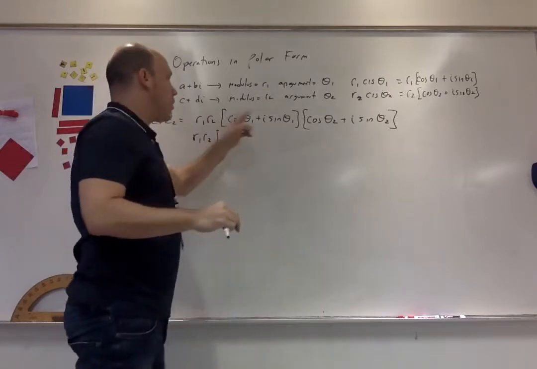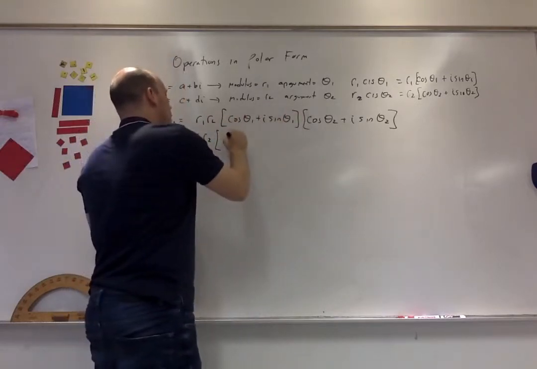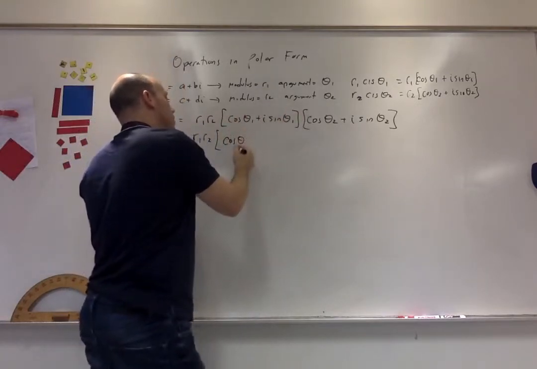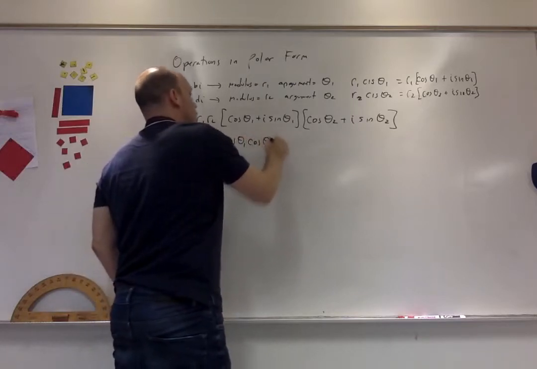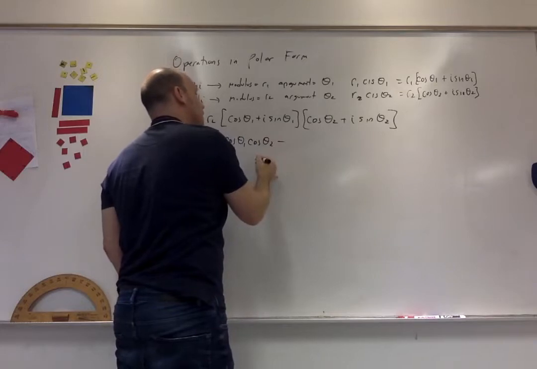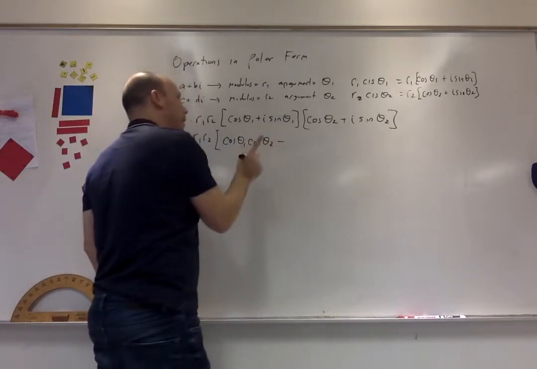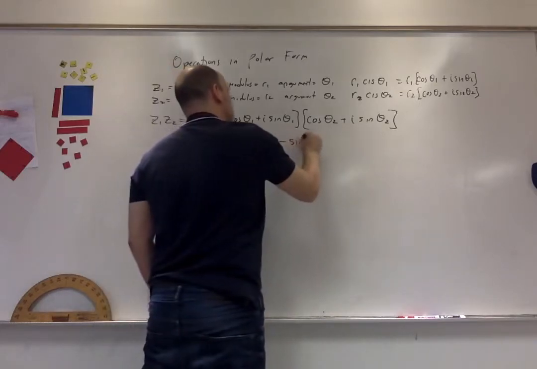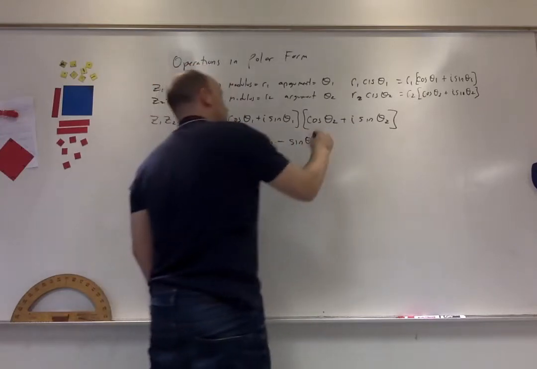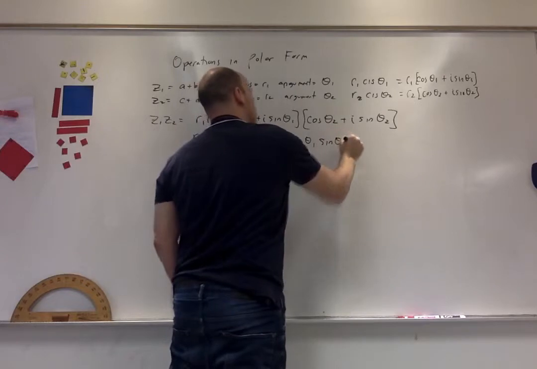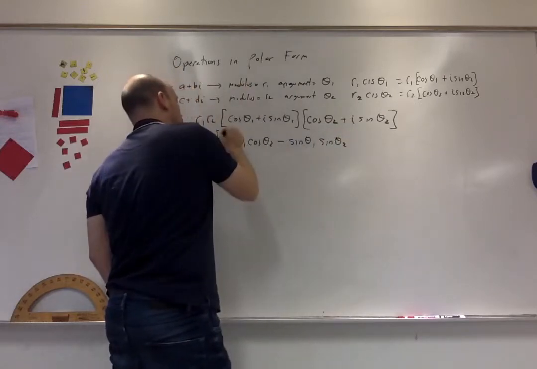I'm going to bring the reals together. So we have cosine theta 1 cosine theta 2 minus sine theta 1 sine theta 2. That's the real part.